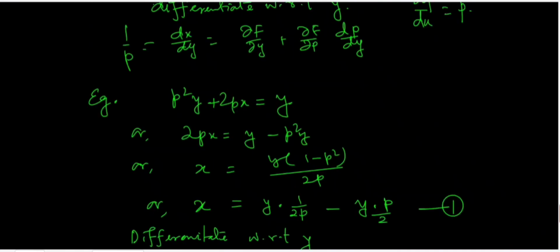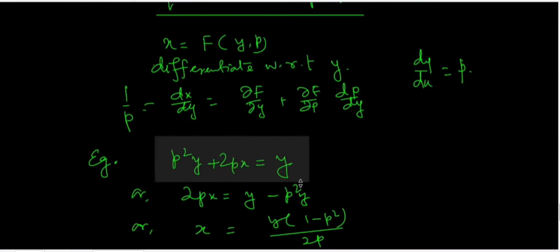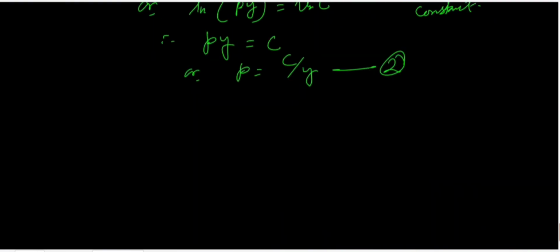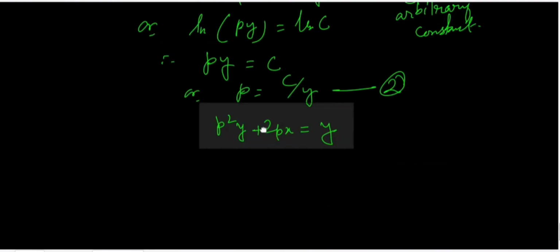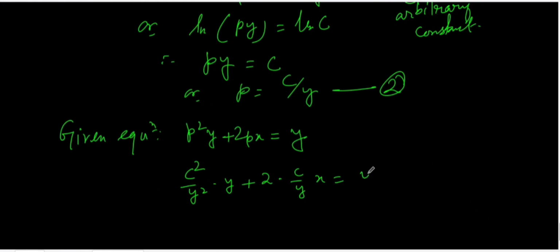Now put it in the given equation. Let's copy it. So this is the given equation. If we put the p value from equation 2 in this equation, what we'll get is c squared upon y squared times y plus 2 times c upon y times x equals y.